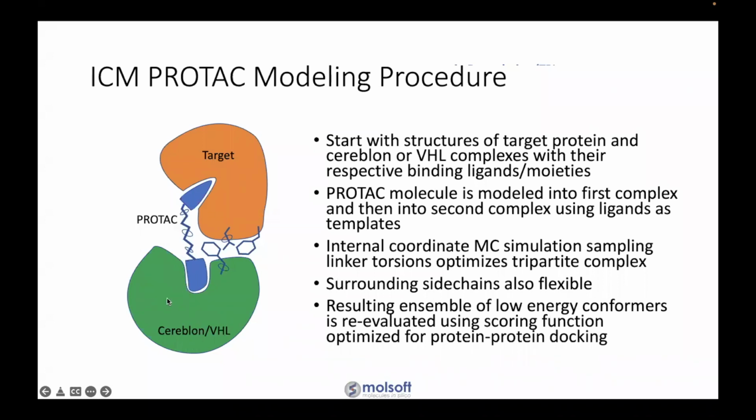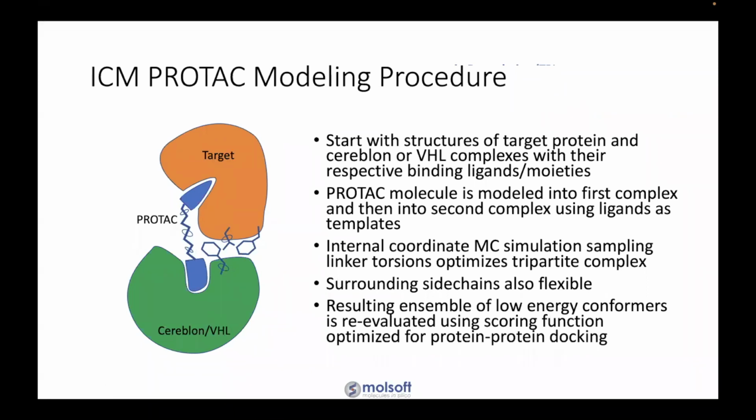These are individual PDBs, or they could be models, in fact. The PROTAC molecule is then modeled into the first complex and then into the second complex, using the ligands in each of the sites, the target and the E3 ligase, as a template.